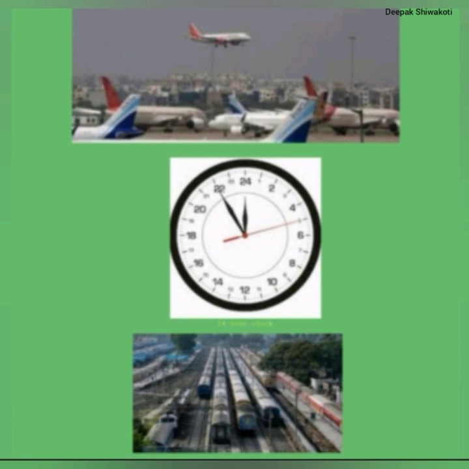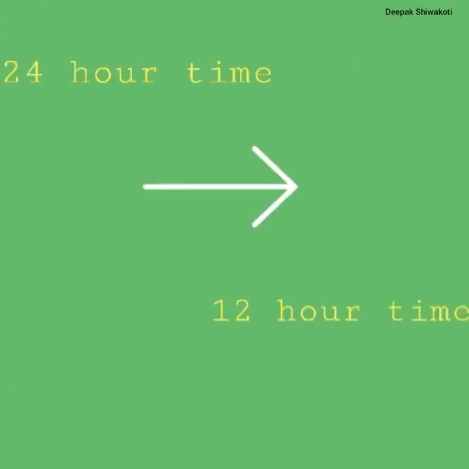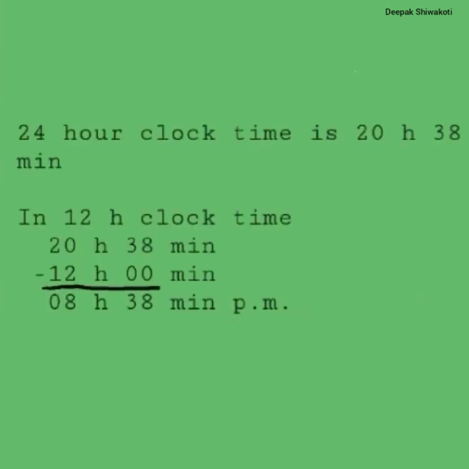Now, let's see how to convert 24-hour time to 12-hour time. To convert 24-hour time to 12-hour time, we subtract 12 from the given time and it is taken as PM. But time between 00 hours to 12 o'clock at noon is taken as AM without any subtraction.